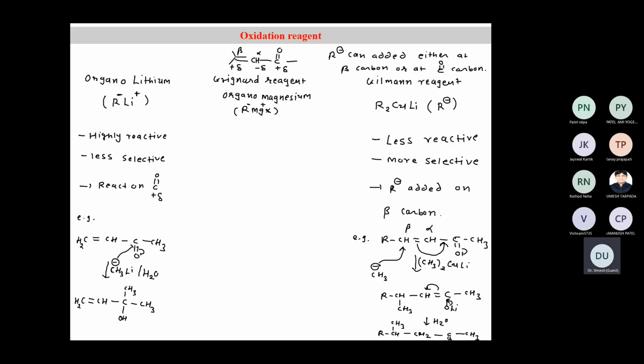So you get the beta nucleophilic product; the nucleophile is added at the beta carbon.